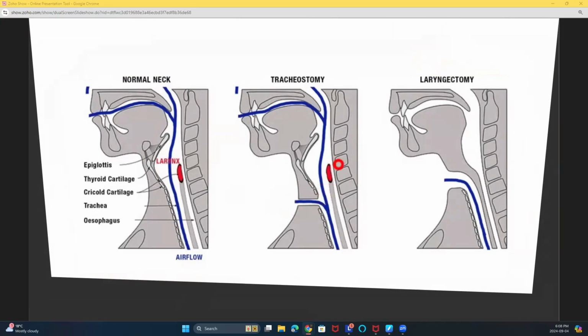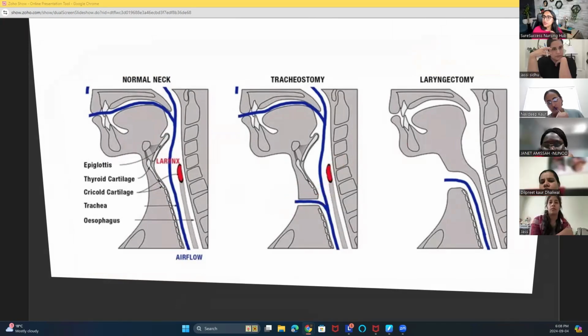We are not touching this larynx. So when the person puts a finger on his trachea, the air will start going to the nose or mouth. It will start vibrating and he will start talking. This is what we have studied until now. This is known as tracheostomy. There is another surgery, which we call laryngectomy.